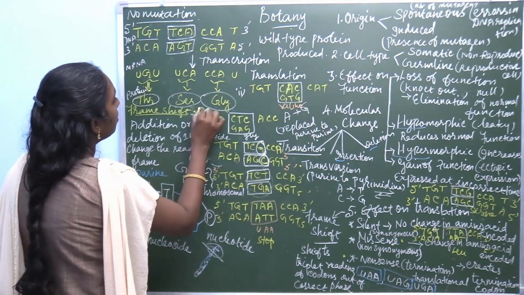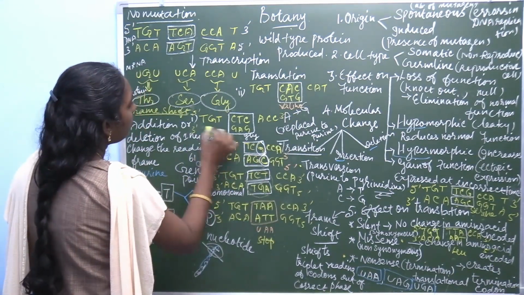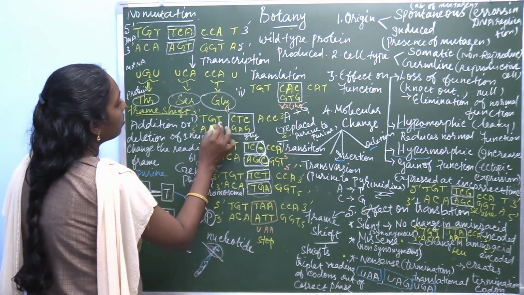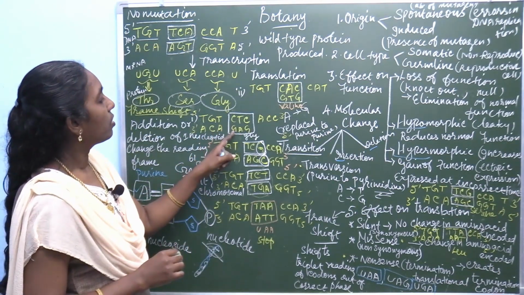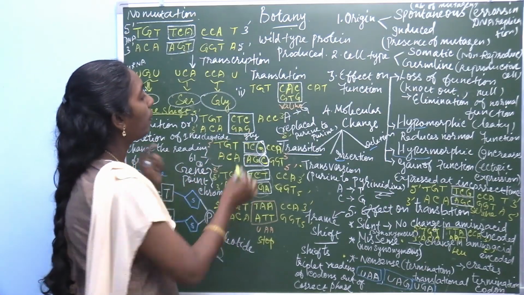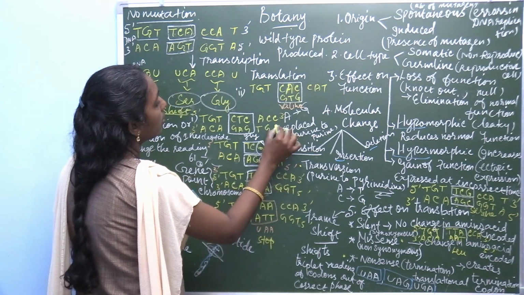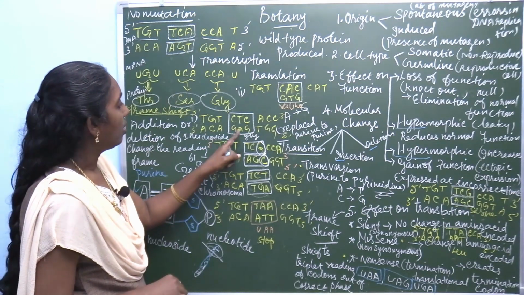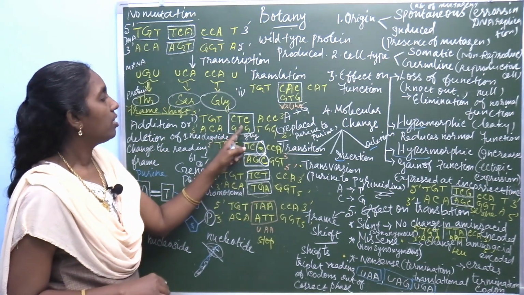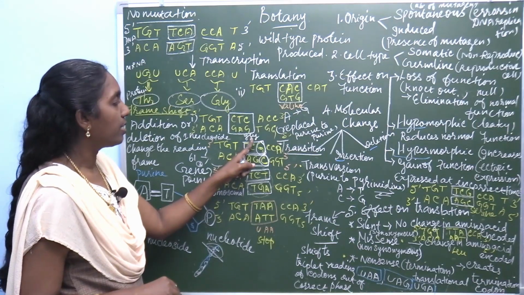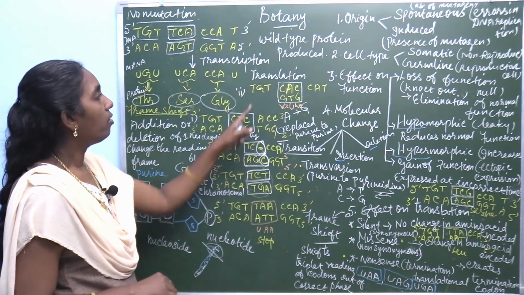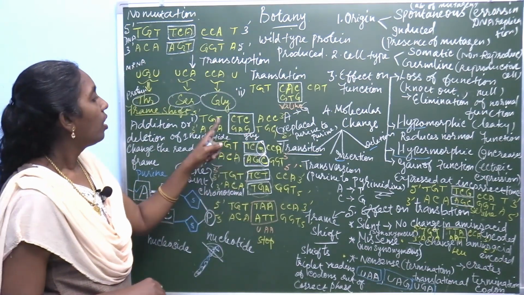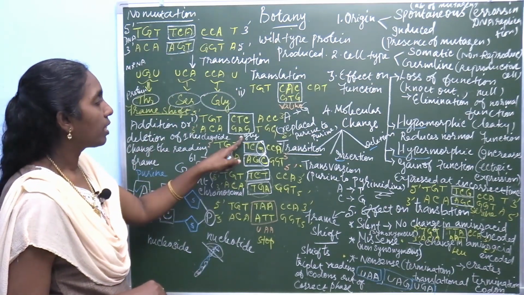This starts from 5 prime, 3 prime, 3 prime and 5 prime: thymine, adenine, guanine, cytosine, thymine, adenine. So, here cytosine, guanine, thymine, adenine, cytosine, guanine, adenine, thymine, cytosine, guanine, cytosine, guanine. Instead of forming this AGT, here GAG is there, CTC and GAG. So, it forms glycine. After transcription and translation, the amino acid is glycine. So, instead of serine, here it forms glycine.